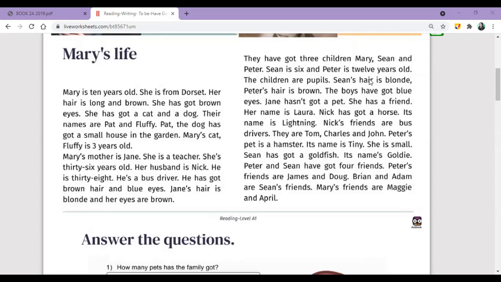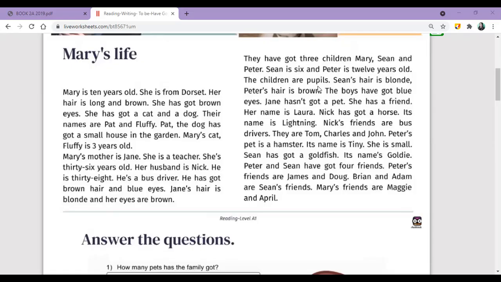Continue. Brown, teacher. Yeah, eyes are brown. Okay. They have got 3 children, Mary, Sean, and Peter. Sean is 6 and Peter is 12 years old. The children are pupils.